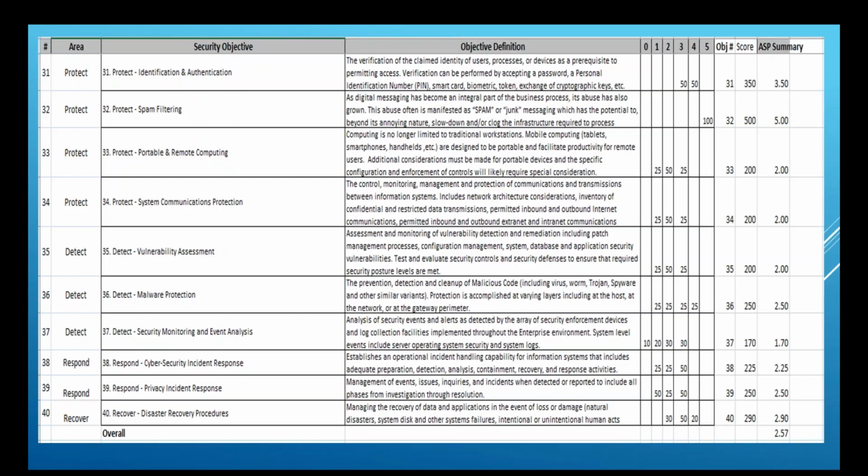So those two are different. In both of those objectives, for cybersecurity I scored 25, 25, and 50 for levels 1 through 3. And in privacy response, I scored a 50, 25, and 50. In most cases, those probably score pretty much the same if you have policies in place for that.